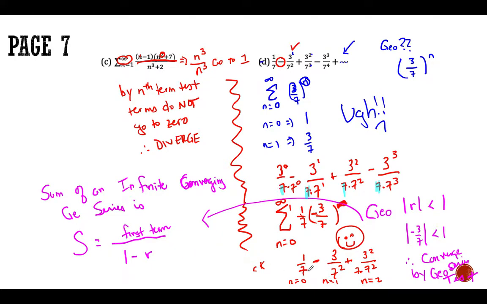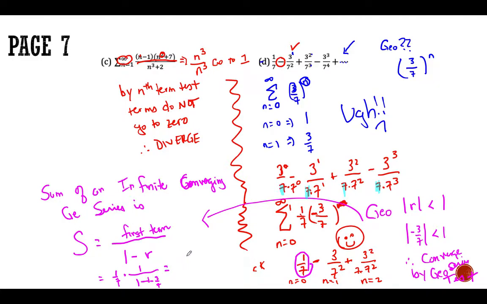So look at what my first term is. It's a fraction, so I'm going to put it out front, times 1 over 1 minus the common ratio. No absolute value, just the common ratio itself.